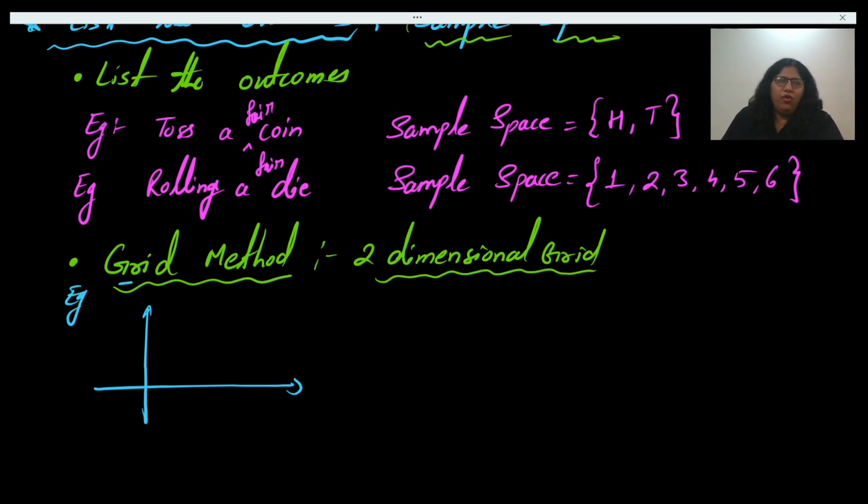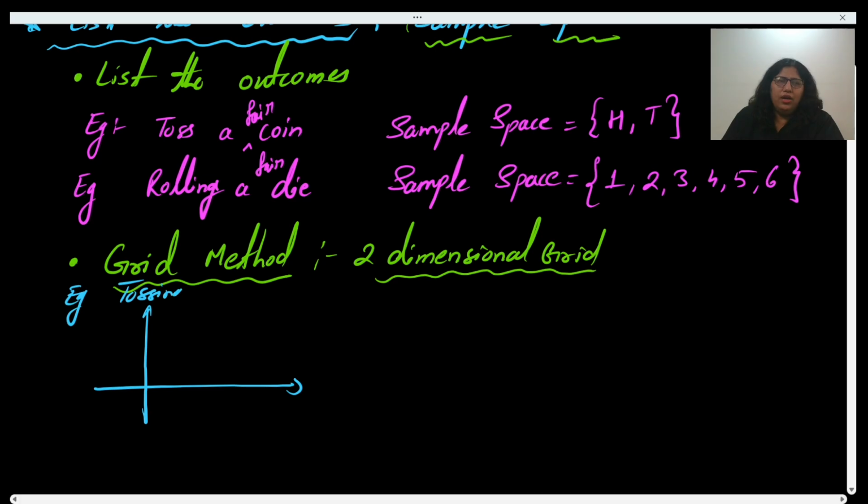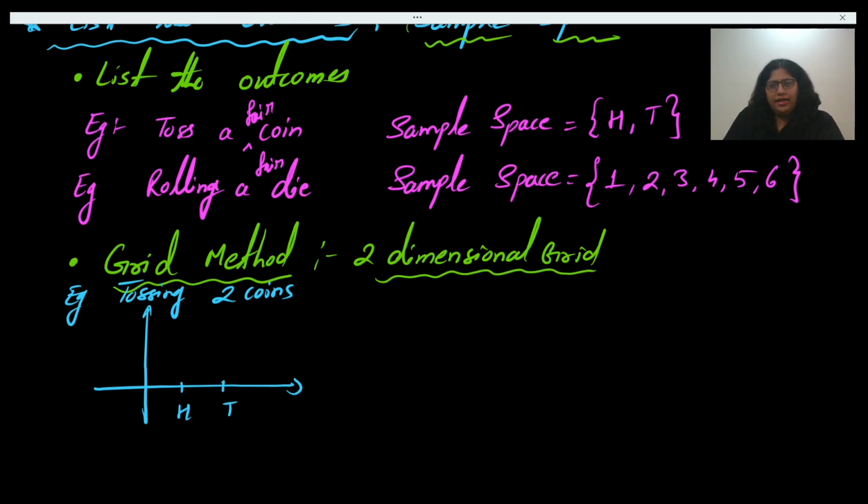This is the example for tossing two coins simultaneously or one by one. One coin's outcomes I'll write here, which is heads and tails. Another coin's outcomes I'll write here, that is also heads and tails. So the x-axis is representing coin 1, and the y-axis is representing coin 2.